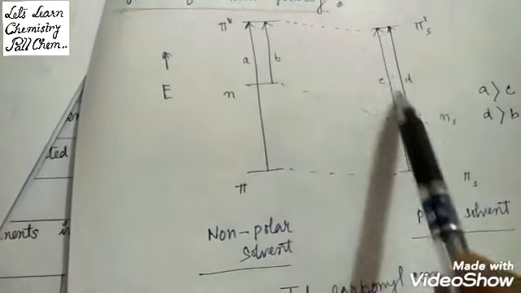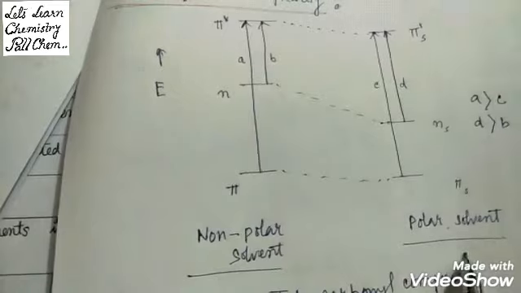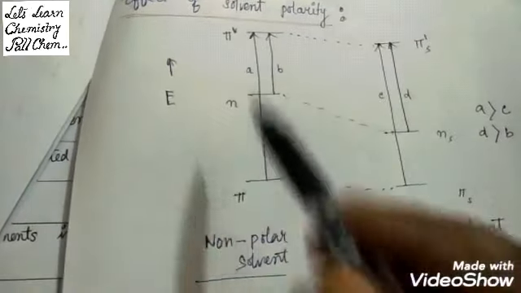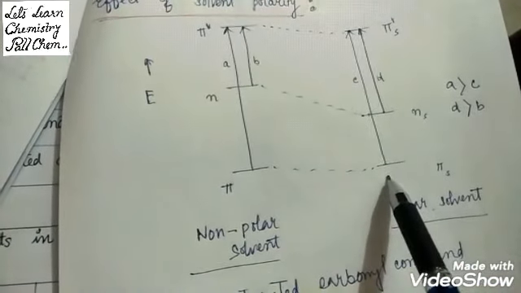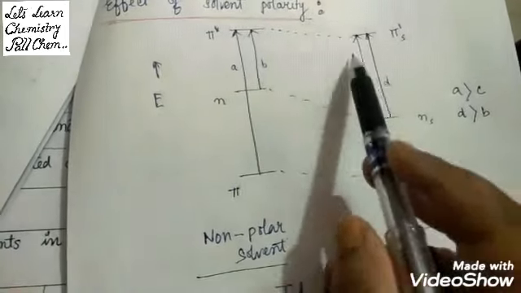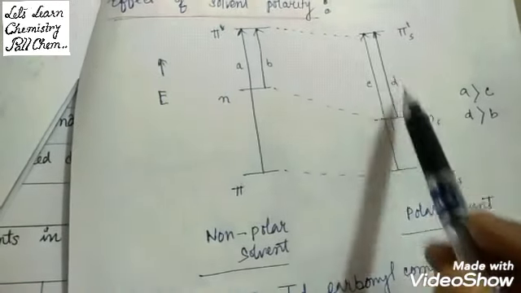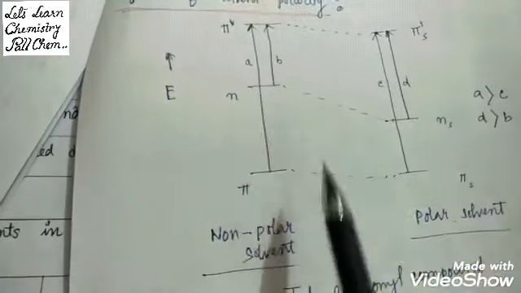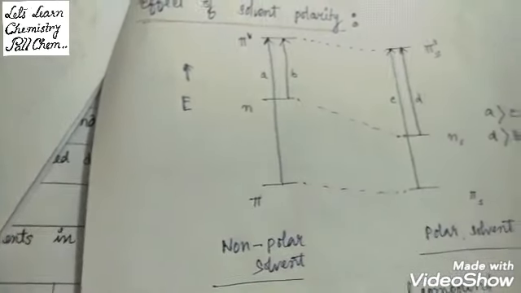So as we see, when shifting from non-polar to polar solvent, the energy for pi to pi star transition becomes less, this C is less than A, and the n to pi star transition energy becomes more, this D is greater than B. So this is the effect of solvent polarity.